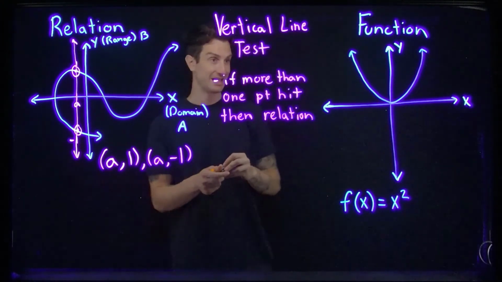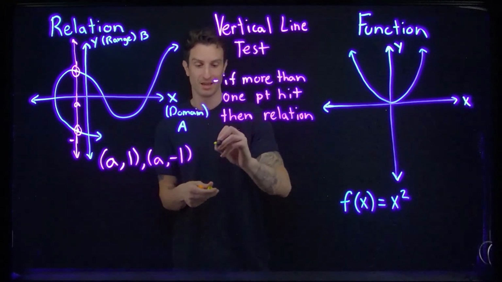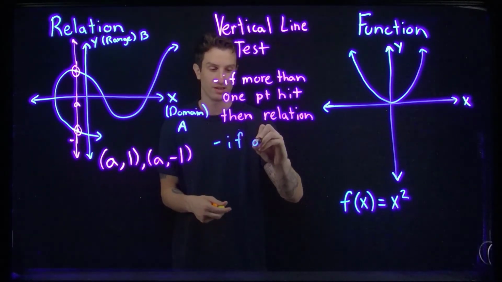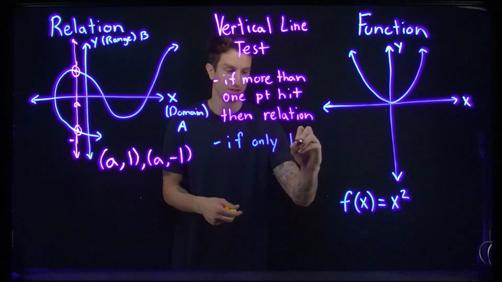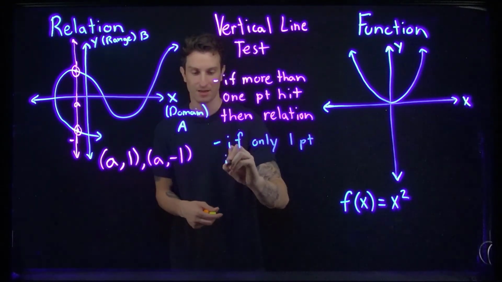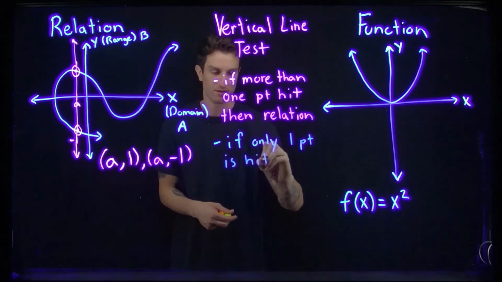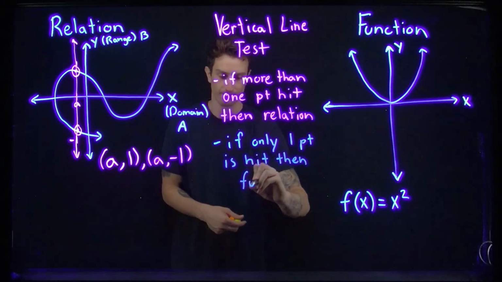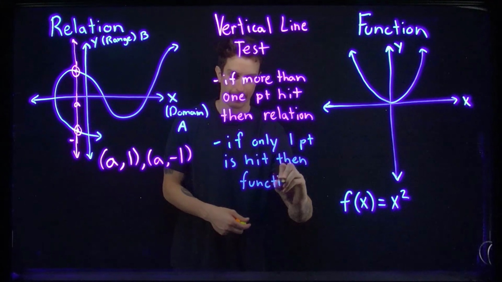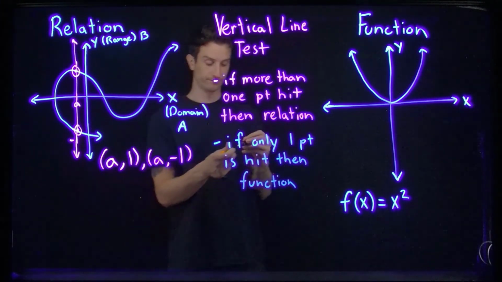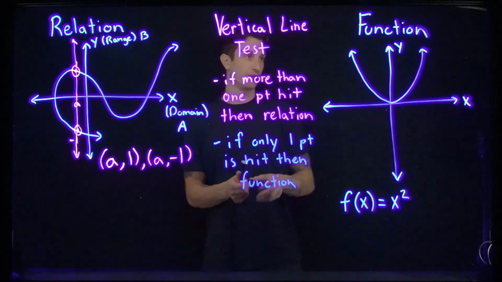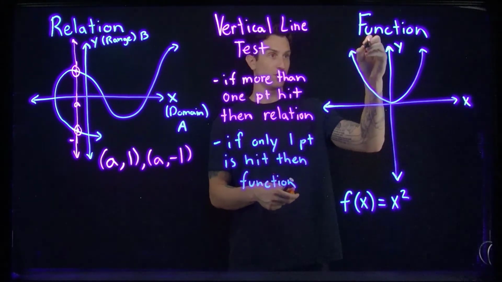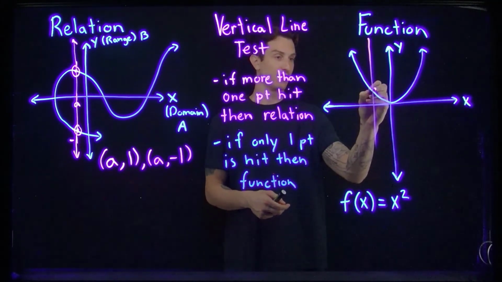So the idea here is for a vertical line test, if only 1 point is hit, then it's a function. So you could draw a vertical line wherever you want. I draw one randomly, boom, I'm only going to hit 1 point.